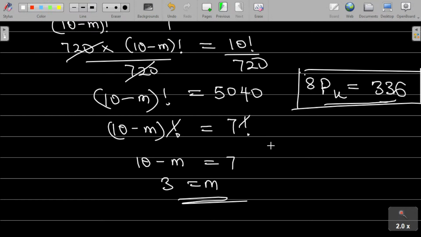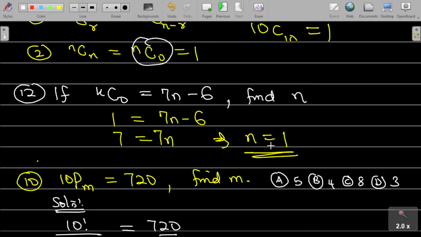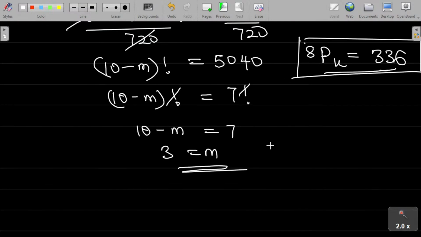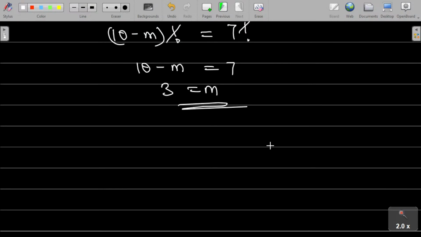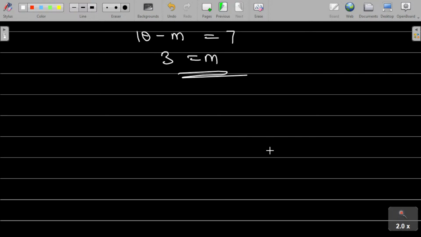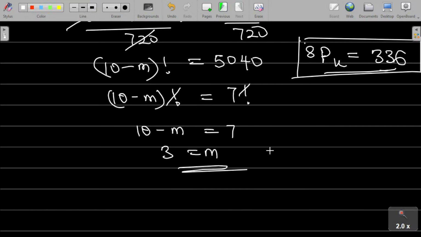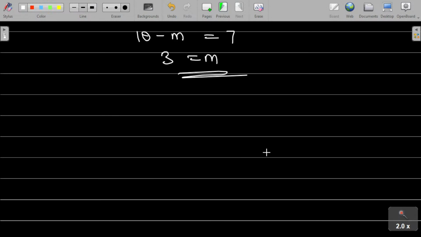Please, sir, I don't understand how you got the 7. I explained it now. Factorial works like this: 5 factorial means 5 times 4 times 3 times 2 times 1, which is the same thing as 1 times 2 times 3 times 4 times 5.